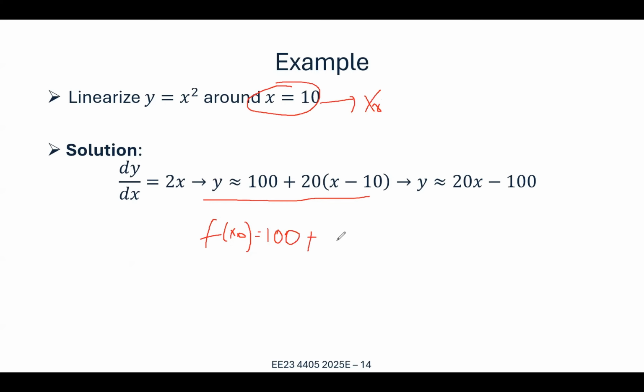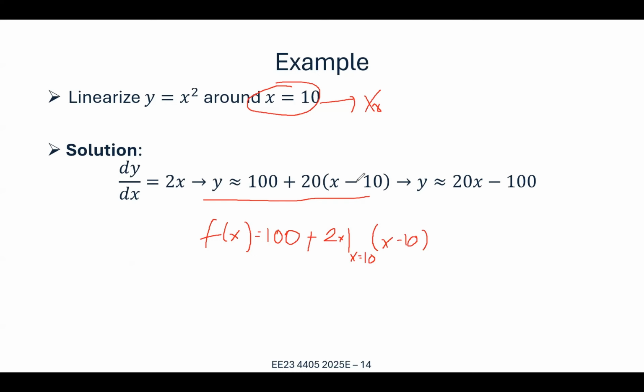So this is the linearization, 2x, where x is 10. So this would be 20 times (x minus 10).